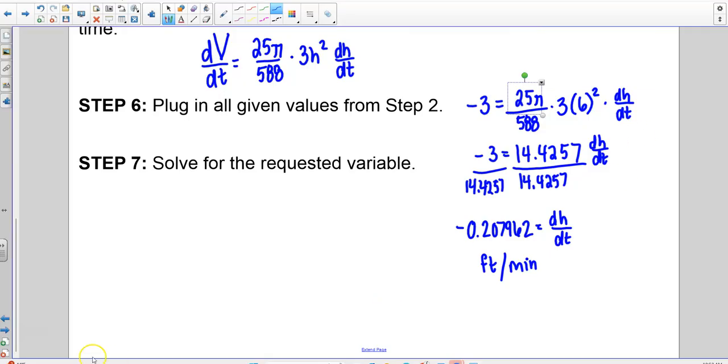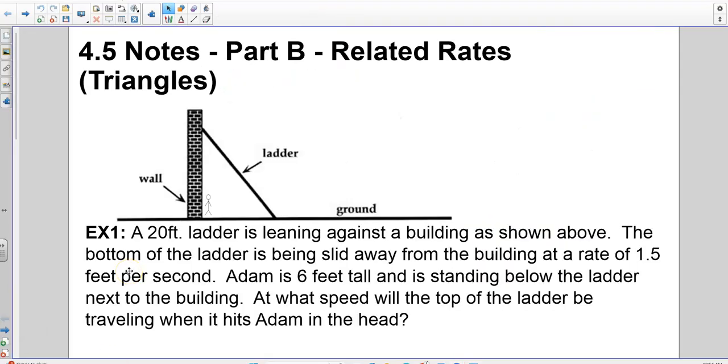So, the ladder hitting Adam in the head, because they generally try to stay away from violent scenarios that might trigger someone into a panic in the middle of the test. But all they're going to say is at what rate is the height of the ladder changing at t equals 6 or something.